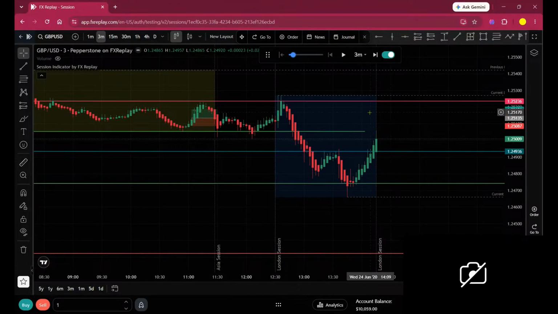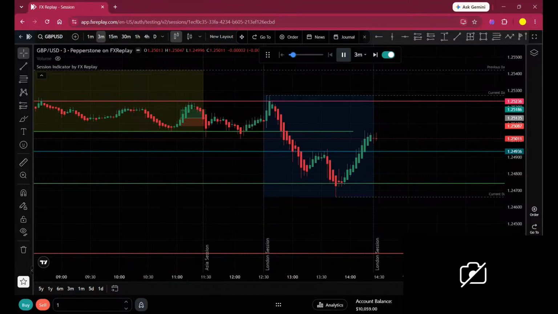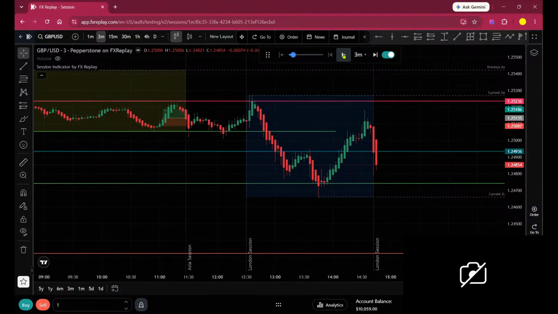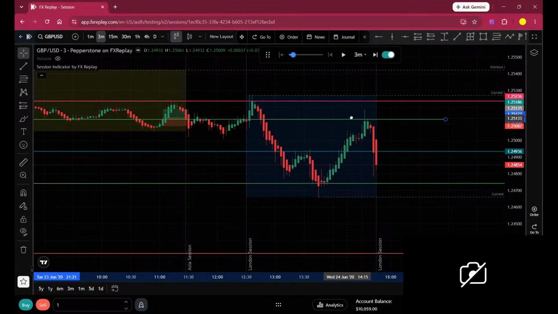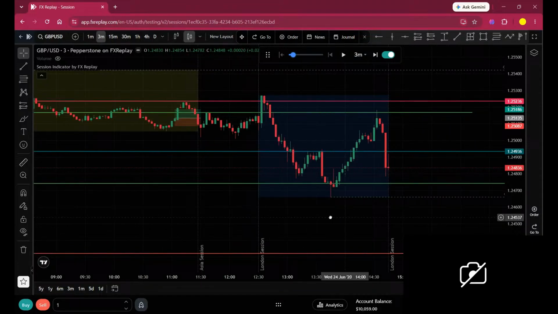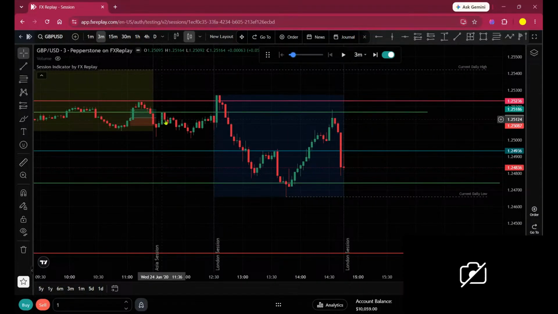Now market may pass some time. See the support.